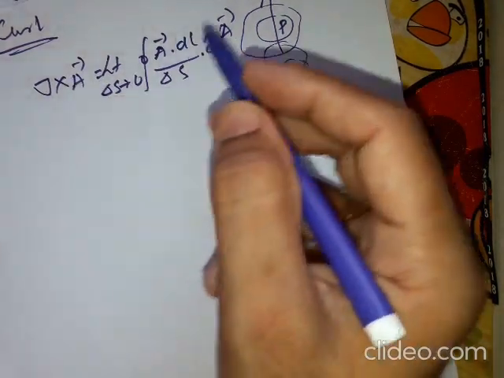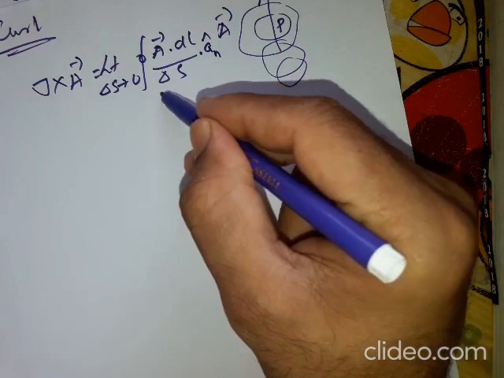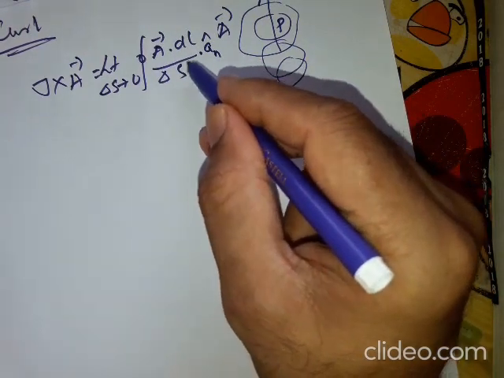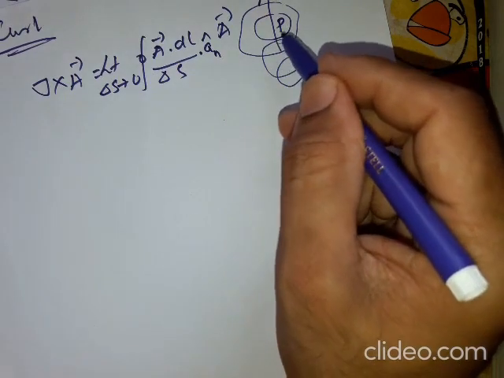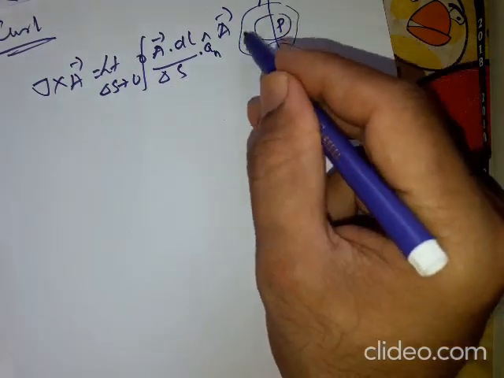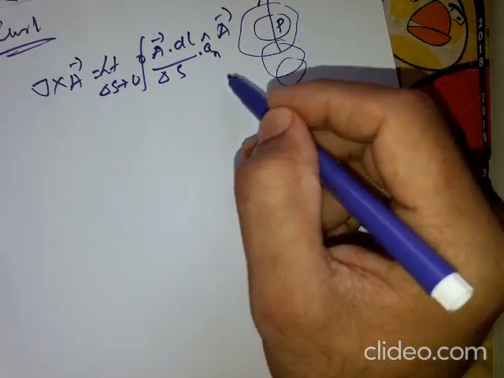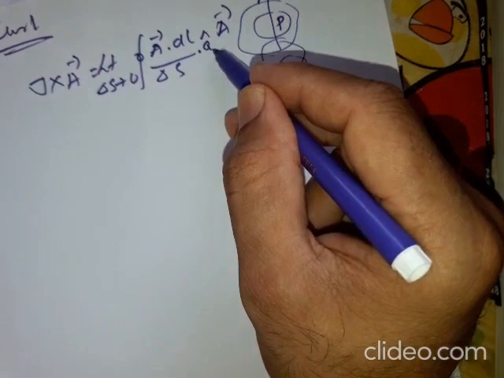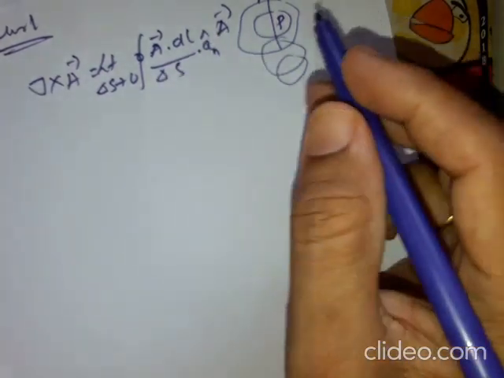So del cross A is along the direction normal to the surface del S, and del S is chosen in such an orientation that the circulation must be maximum in that particular area del S, and an cap is perpendicular to, or normal to, this particular surface.